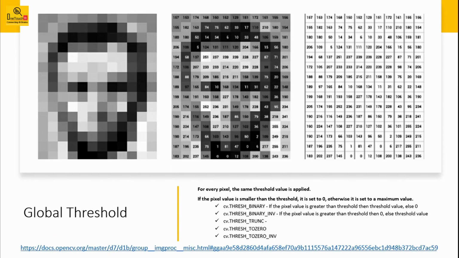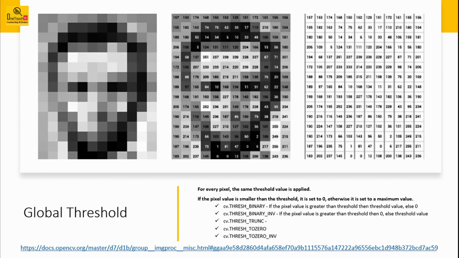So the global threshold is basically about how you handle things using a threshold value based on the intensity. If you see in this image, all the image gets recognized by the machine in the form of numbers, right? When you import it, it needs to be recognized as numbers.